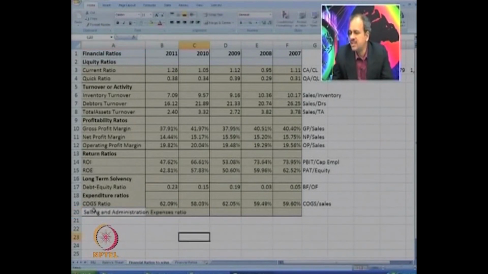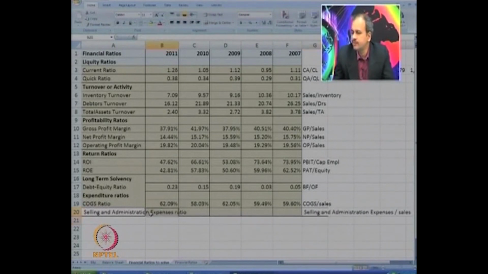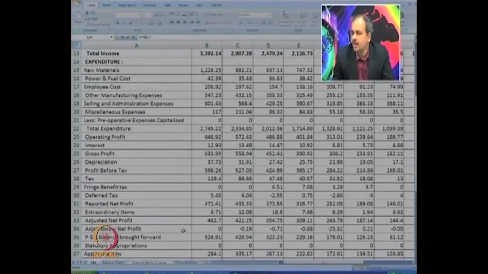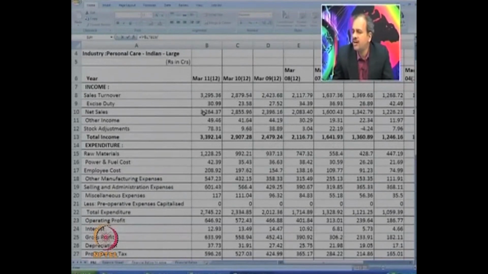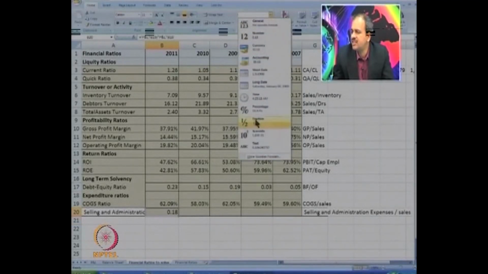As the name suggests, here it is selling and administration expenses upon net sales. This will also be in percentage terms.